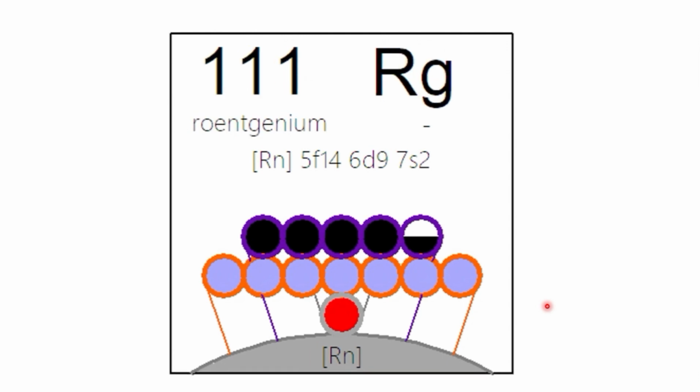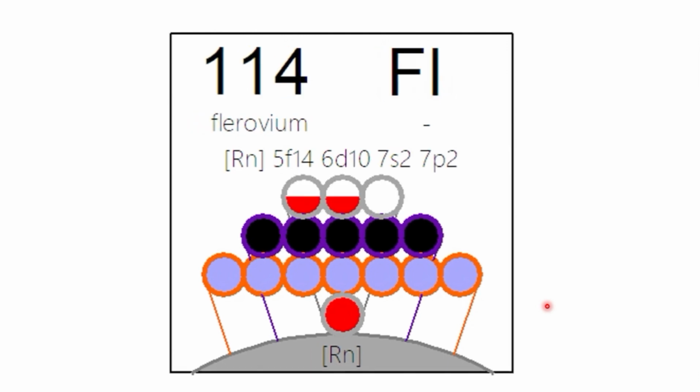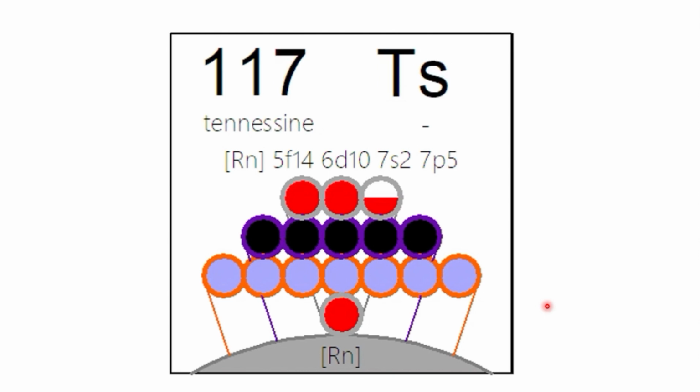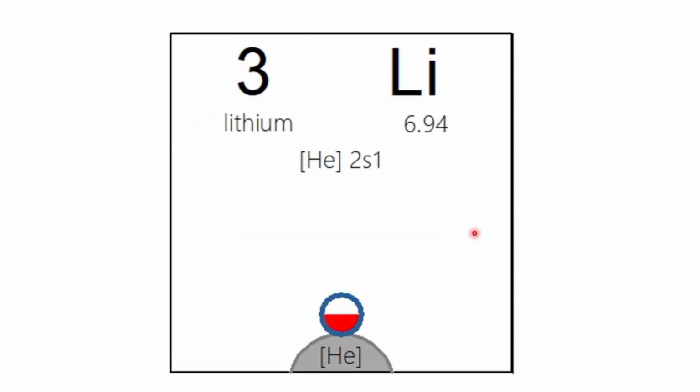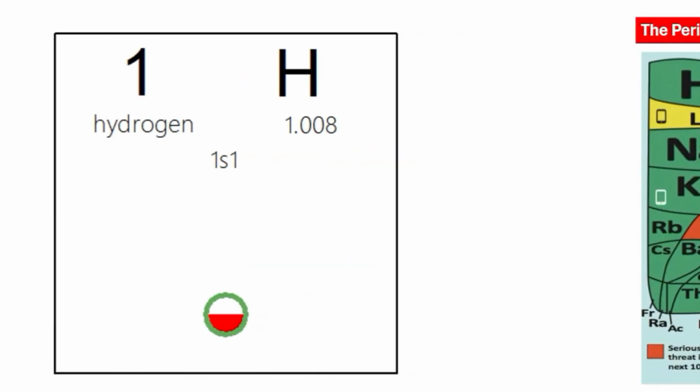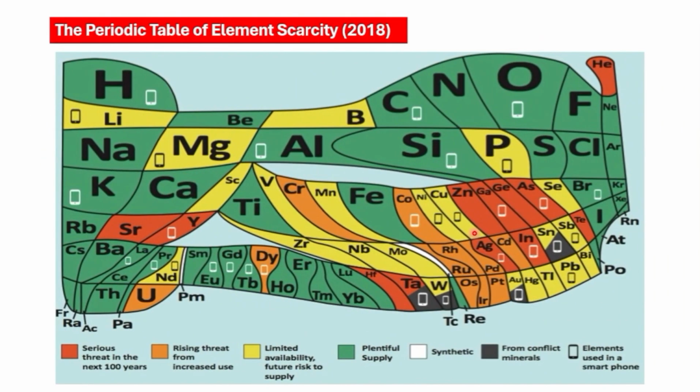So you can go back and try to realize how this electron filling is happening. You can just tap in the video and go back and see it again. At the end, they have also shown how other elements are possible to come in the future.